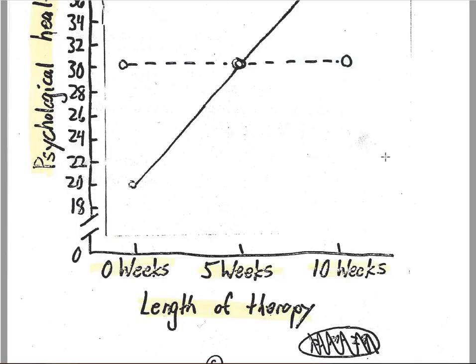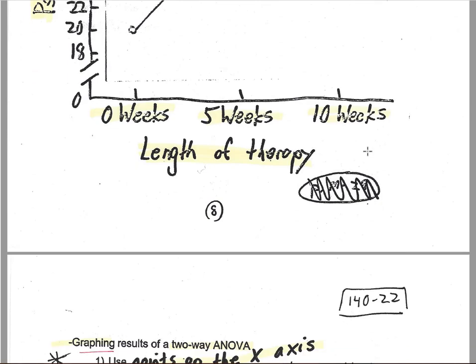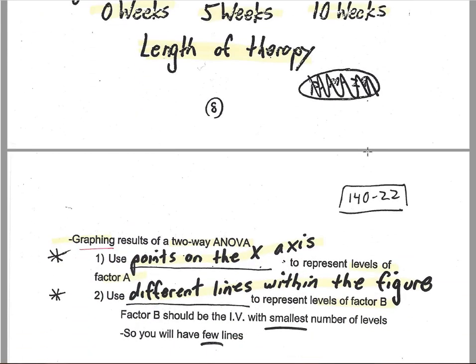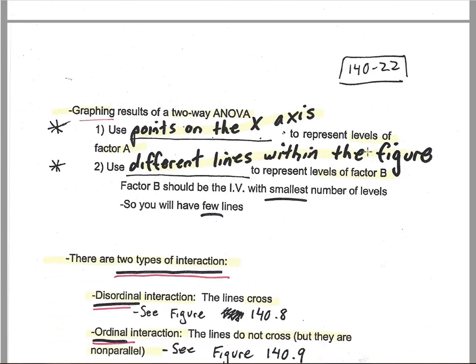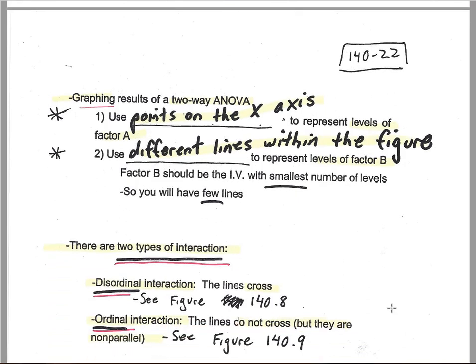Now, let's dig deeper on this idea of interaction effect. I promised I was going to show more than one example of an interaction effect. Researchers speak in terms of two different kinds of interaction that are possible. They talk about the difference between a disordinal interaction versus an ordinal interaction, and it's not a complex concept.